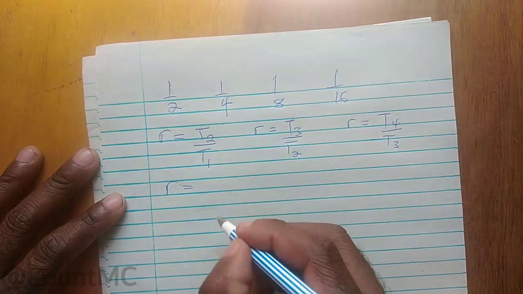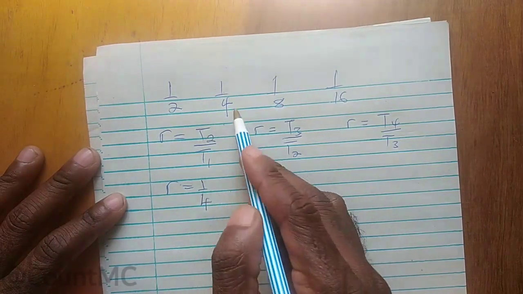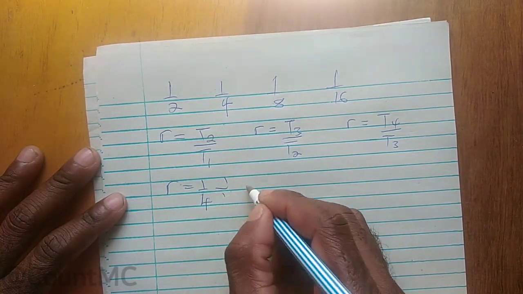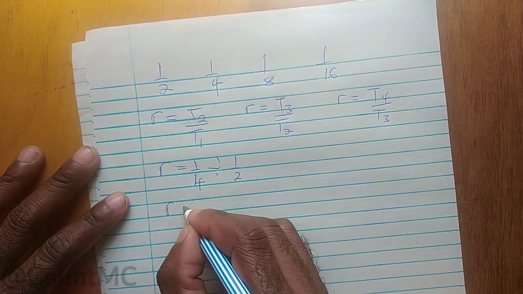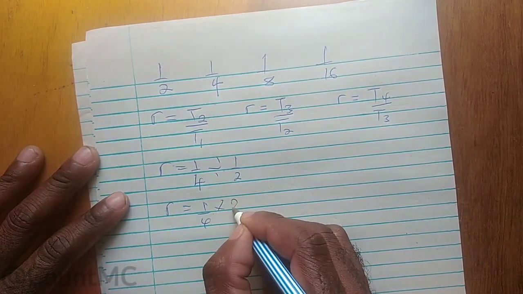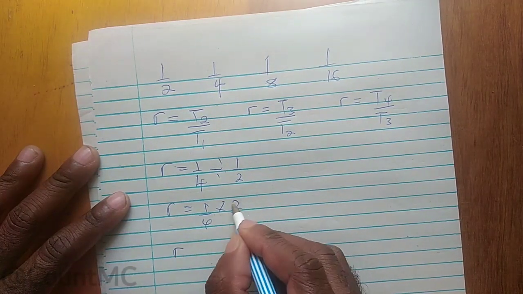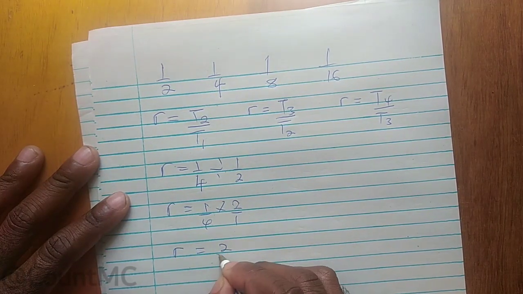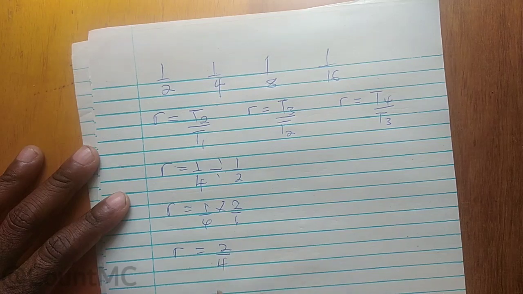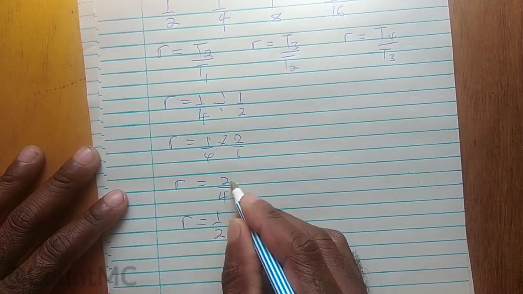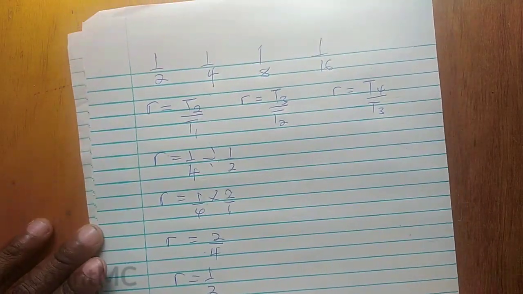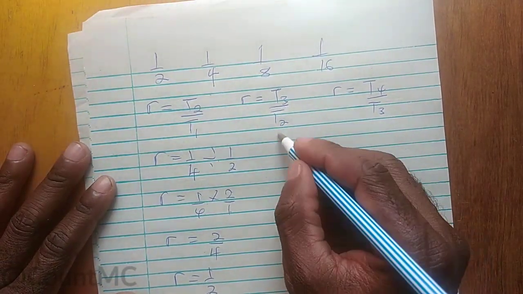Okay, so r is equal to, this is a quarter, term 2 divided by term 1 divided by a half, and r is equal to a quarter times 2 over 1. 2 times 1, that's a 2. 4 times 1, that's a 4. And r is equal to a half. Simplify this, you get a half. Now let's do the other one.